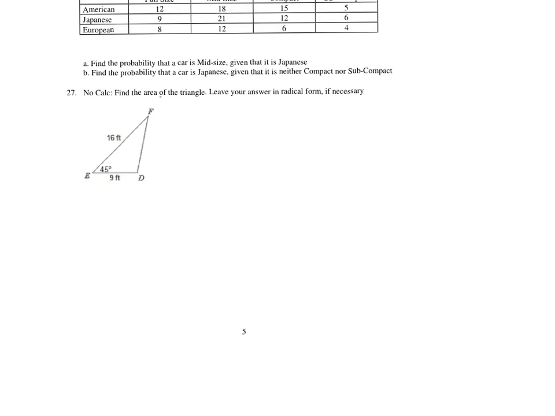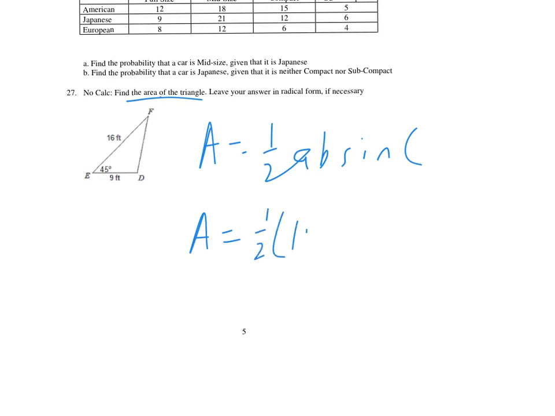All right, next one here, we want to find the area of this triangle. It's a non-right triangle, so we can always use area equals 1/2 ab sine C if we have two sides and an included angle, which we do here. That's going to be 1/2 times 16 times 9 times the sine of the included angle, which is 45 degrees. Now, I can turn this into 8 times 8 times 9 up here, excuse me.